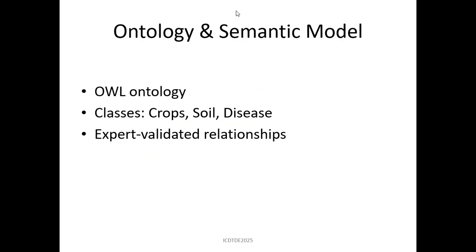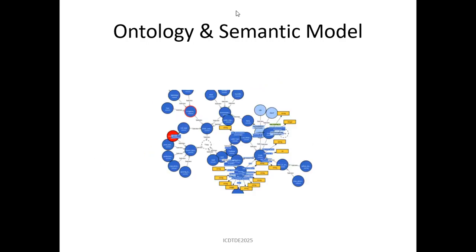This model was built using OWL and validated by agricultural experts to ensure real-world accuracy. The ontology allows the system to understand and interpret farmer queries in a meaningful way. This is the diagram of the ontology and semantic model.